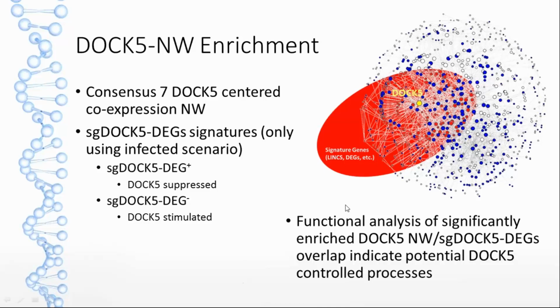And so this is some of the idea behind our analysis: to identify these particular DOC5 controlled or assumedly proposed processes by combining this network information with the knockout signatures.